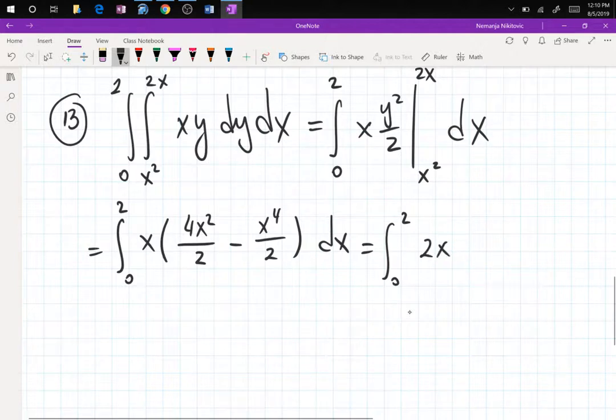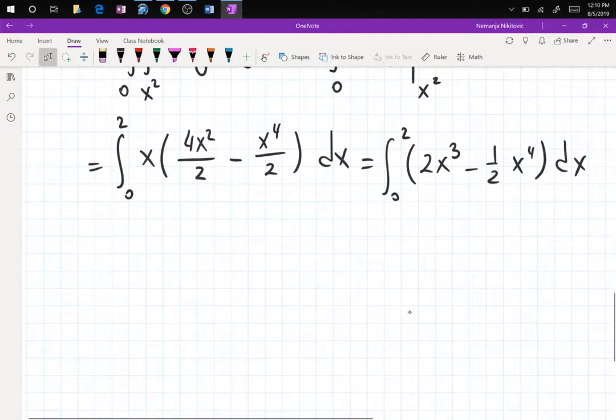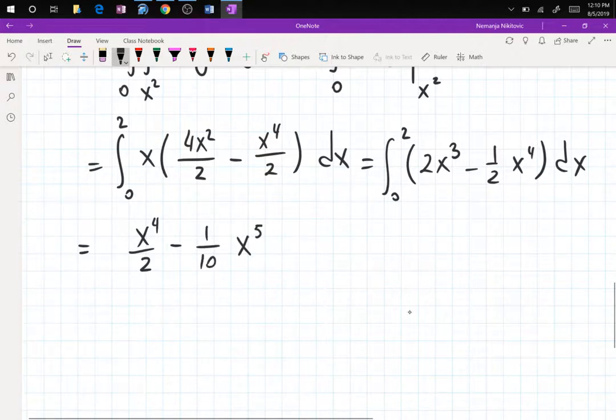that's 2x cubed minus 1/2 x to the 4th dx, and now you integrate that. That's going to be 2x to the 4th over 4, so x to the 4 over 2, minus 1 over 10 x to the 5 from 0 to 2.